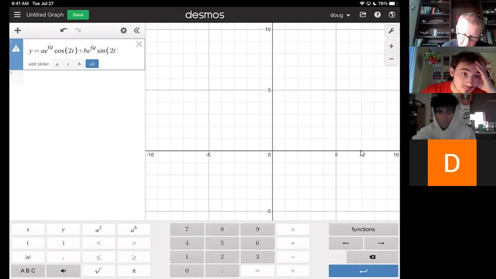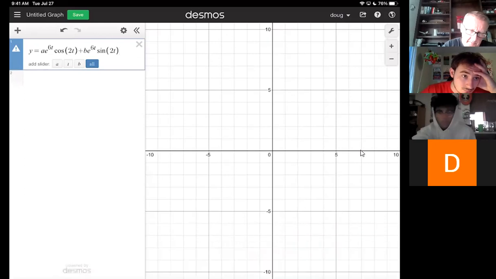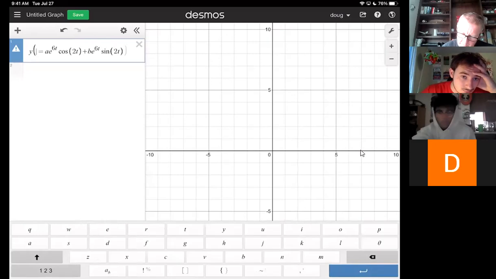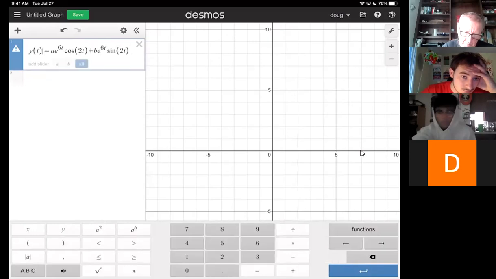Pretty sure it's going to be okay with this. Why is it giving me a, b, t? It didn't like t, so I do have to go back and say parenthesis t. Did not like t. I wanted it to be a variable.